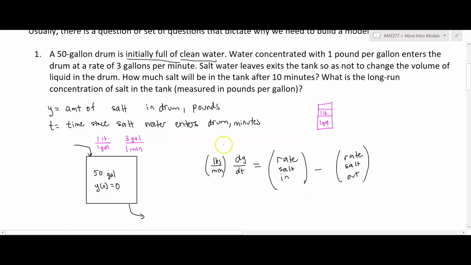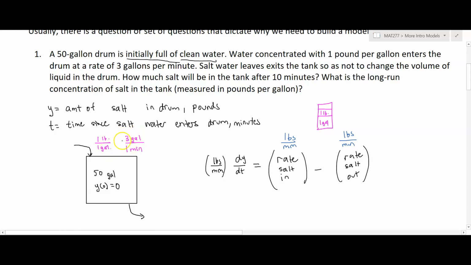So the rate coming in has to be in pounds per minute. Otherwise, there's no other way that I could subtract two units and end up with pounds per minute unless they're both in pounds per minute. So that's going to be crucial. This has to be in pounds per minute, and this has to be in pounds per minute, so that when we subtract them, we still end up with pounds per minute. Here I have pounds per gallon. How many pounds of salt will be added to each gallon?